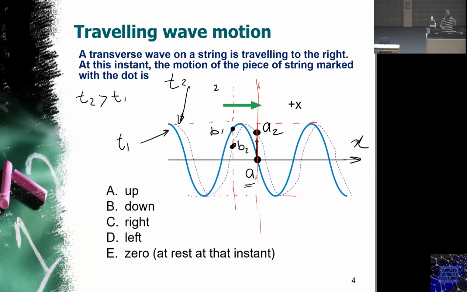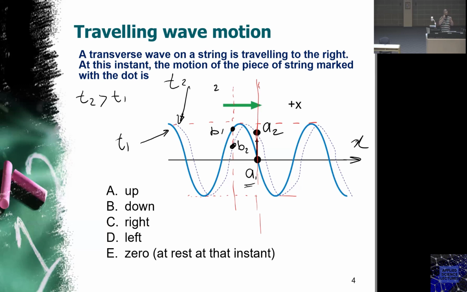So for A1, for that position at that moment, when the wave propagates, moving this way, A1 moved to A2. But what happened to B1? B1 moved to B2 down. So one of them went up, the second position went down. So not necessarily that they will go up together.